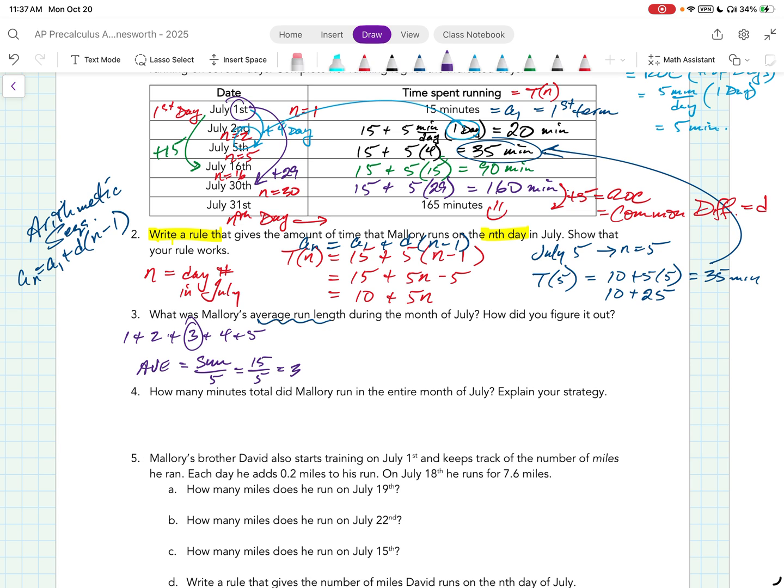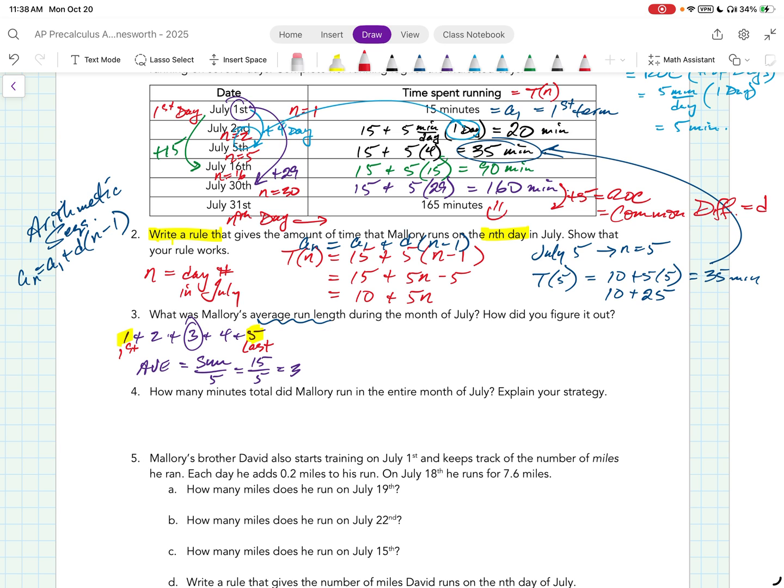But how else can you get this average by only using the first and the last terms? The 1 and the 5. How can you get an average of 3, the middle number, by using your first term? This is your first term, and this is your last term.